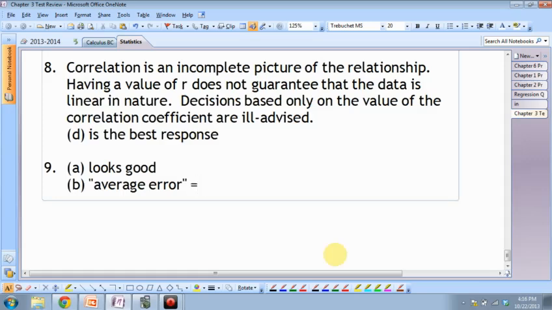That sounds like the sum of the residuals divided by n. Does anyone remember what the sum of the residuals is? 0. It's a property of the LSRL. If you add the residuals together for any LSRL, you will get 0.